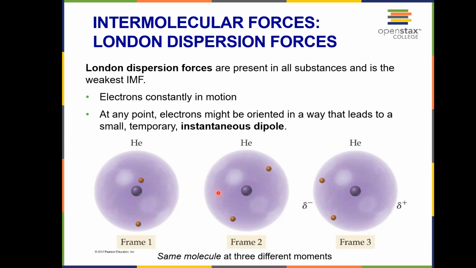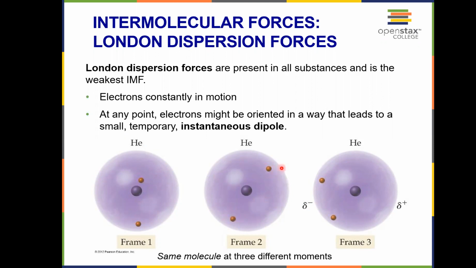So imagine this molecule taking a picture of this helium atom at three different points in time. We have our nucleus in the center, and we have our electrons in this 1s orbital. At this point in picture one, great, there's two electrons on opposite sides of the atom, no problem. Picture two, yeah, same idea.